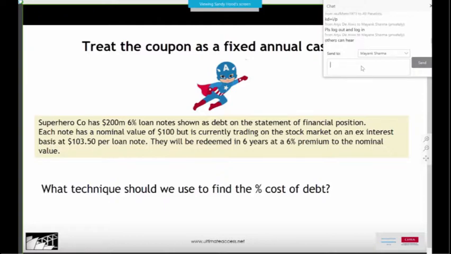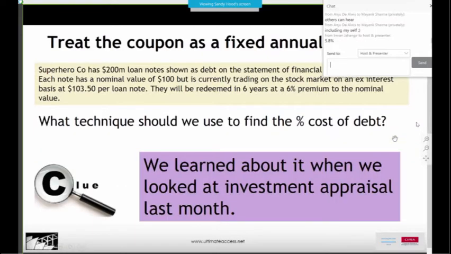Good. The interest over the principal. Wow, somebody who's actually worked it out. Great. Okay. Lovely. I was at the what technique stage rather than the actual calculation.